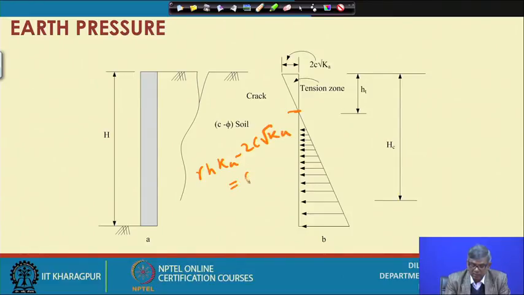So, at this point if I equate to 0, how do we find out the depth of the tension crack? We assume that at a depth where the tension crack will reach, or will not go beyond that, that is the point where pressure is 0. So, if I set it equal to 0, from there we will get H equal to H t, which I will show in the next slide. So, for H t there will be some expression we will get finally. Okay.